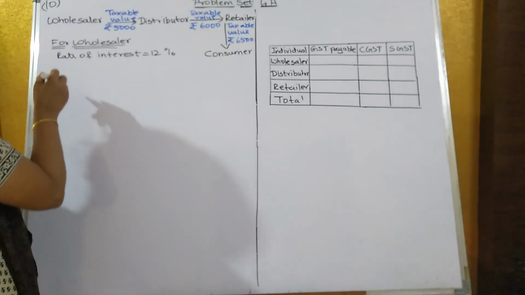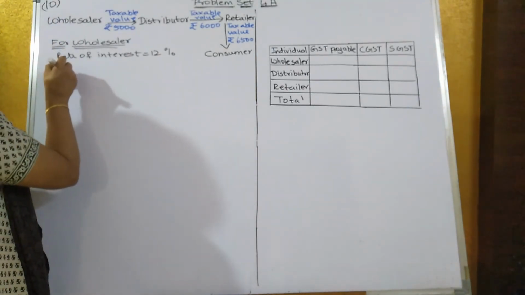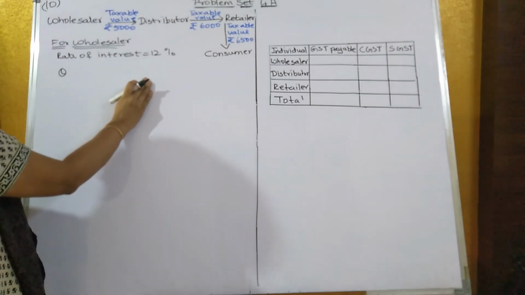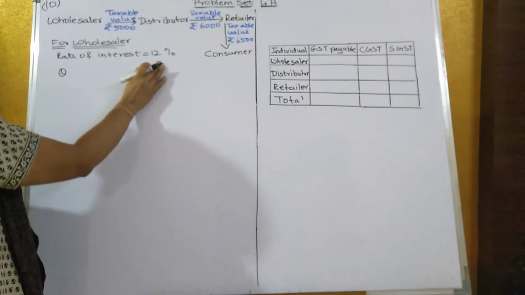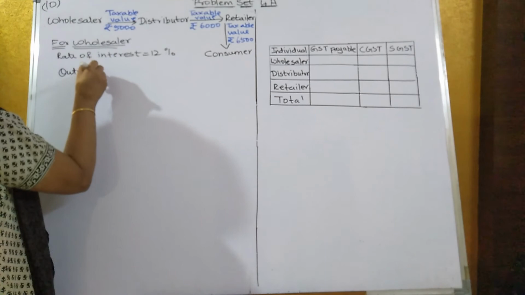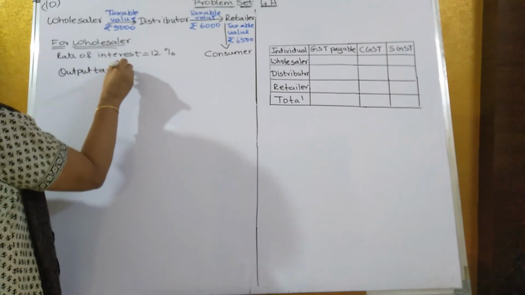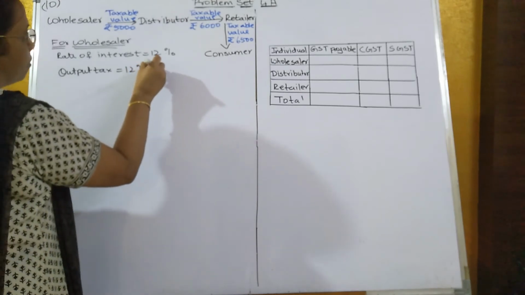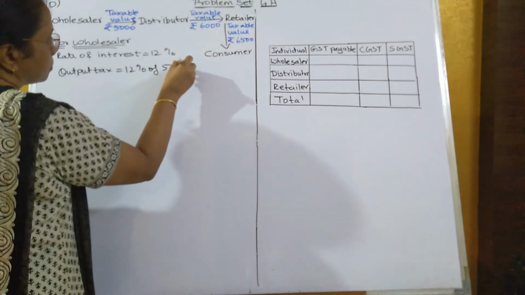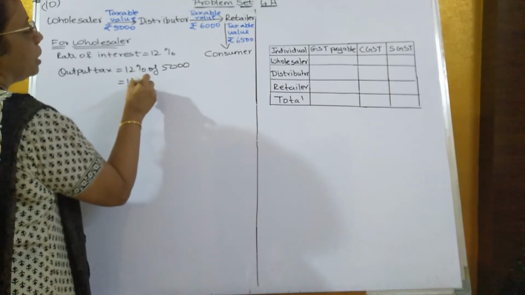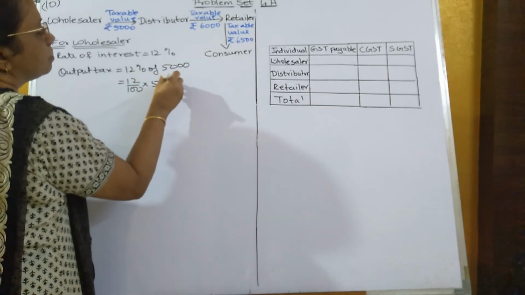Now output tax is equal to how much? And the rate of tax for the wholesaler, distributor and retailer is how much? 12%. So your output tax is equal to 12% of 5,000. So that's equal to 12 upon 100 into 5,000.